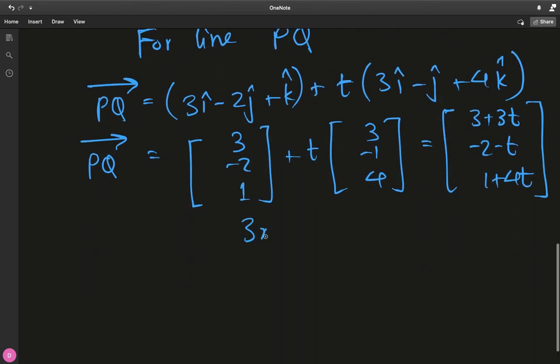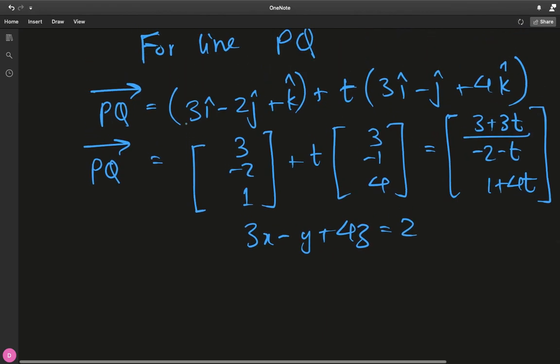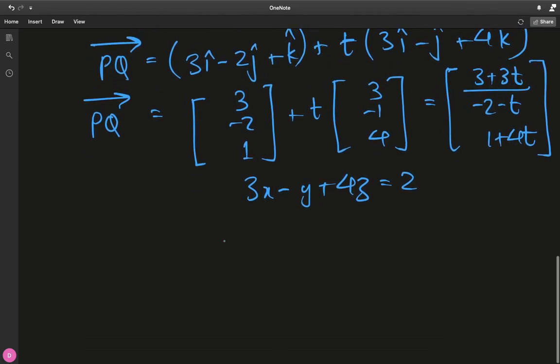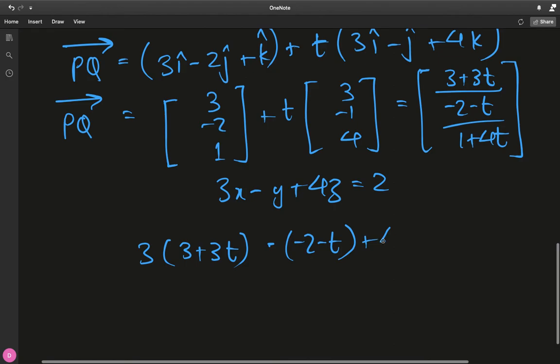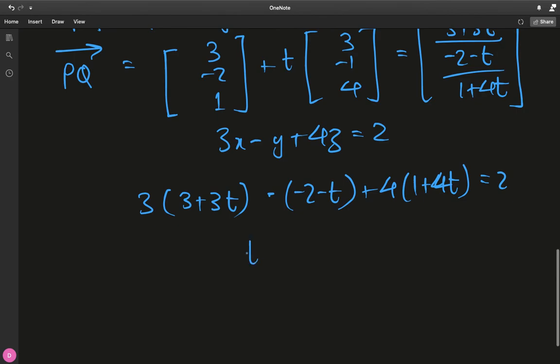The equation of the plane was 3x minus y plus 4z is equal to 2. Instead of x, you plug in this value, because that was associated with i cap, that is the x component. So 3 times 3 plus 3t, minus, plug in this for y, negative 2 minus t, plus 4 times 1 plus 4t, and that is equal to 0. So we'll get a value for t. Stuff cancels out. t turns out to be negative 1/2.